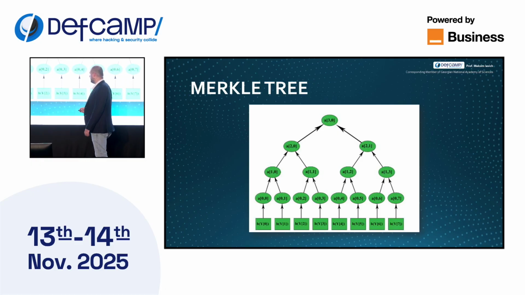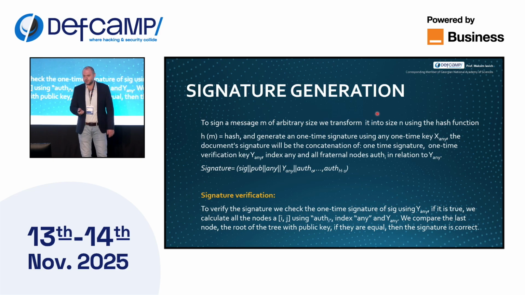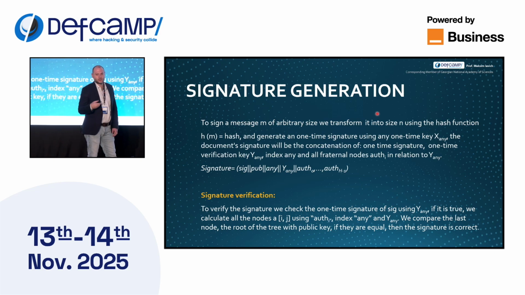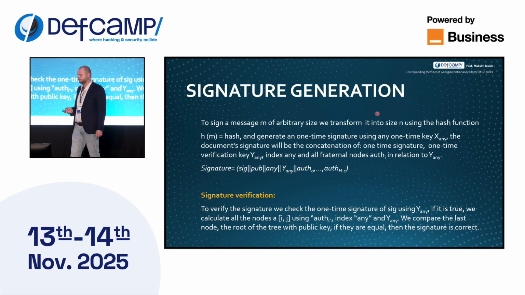So guys, if we begin with this node, this one is a brother node of it, we come here, this one is a brother node of it, we come here, and this one is a brother node of it, and we go up. How to make the signature? First of all, we calculate one-time signature using Lamport, Winternitz, HORST, as you want.